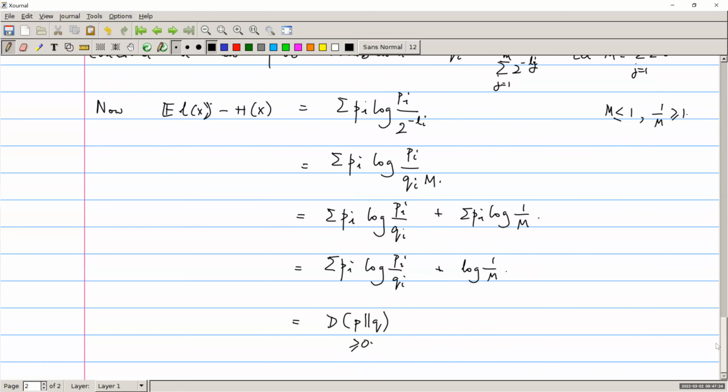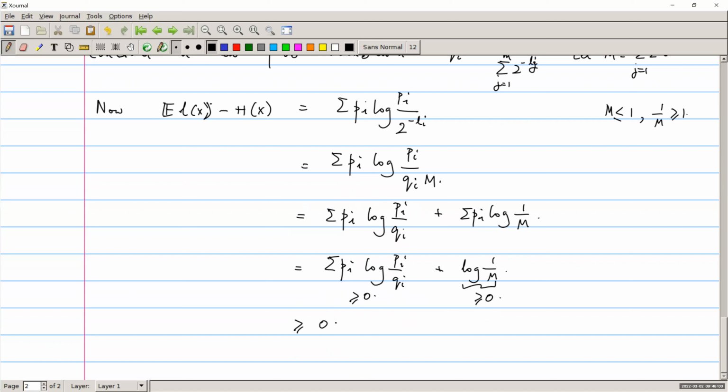So since 1 over m is greater than or equal to 1, log of 1 over m is also greater than or equal to 0. So this whole thing is greater than or equal to 0. And we also know when the equality holds.